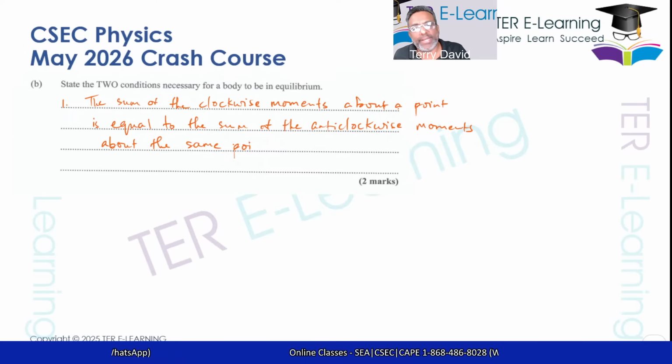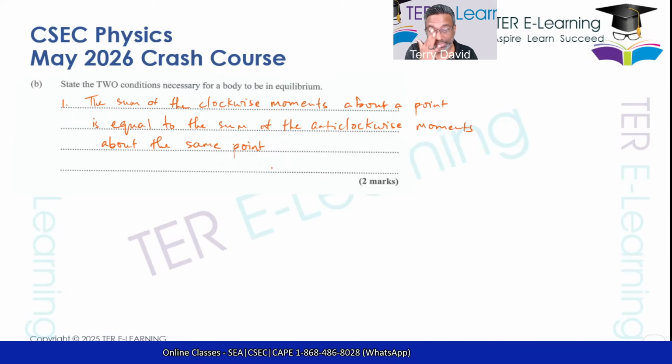This is what we call the principle of moments. CSEC can ask you to state the principle of moments, and this is what you're going to give them. So that's one.